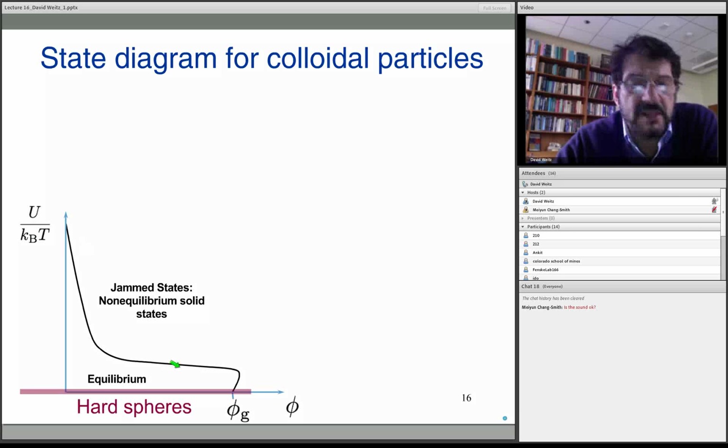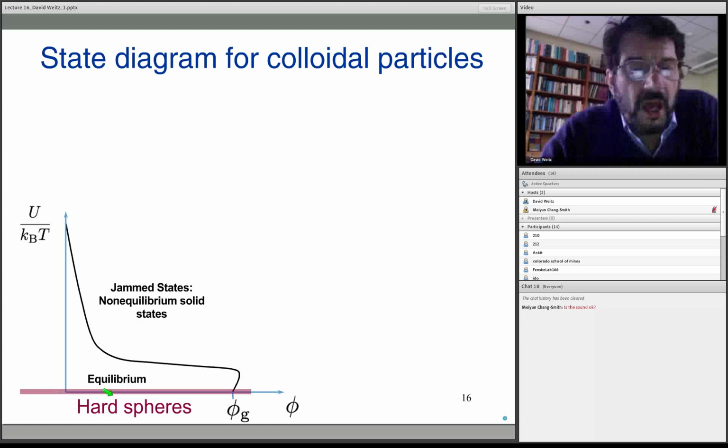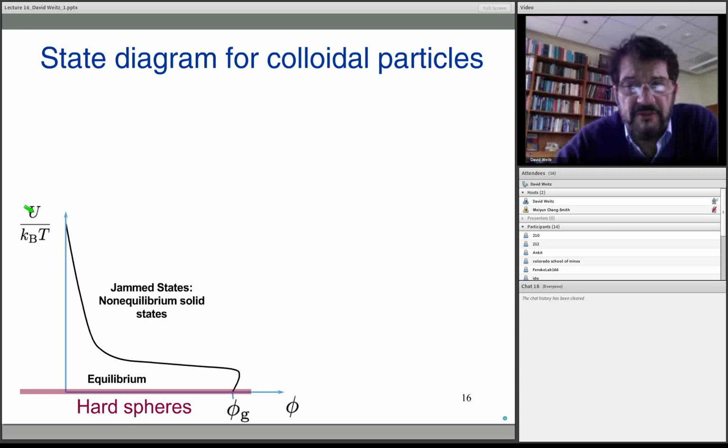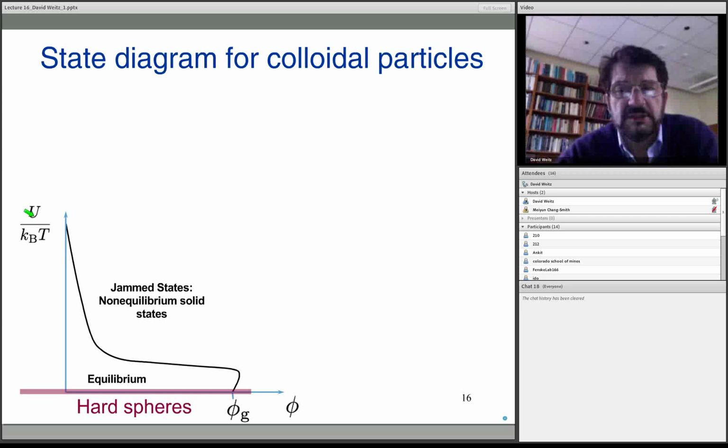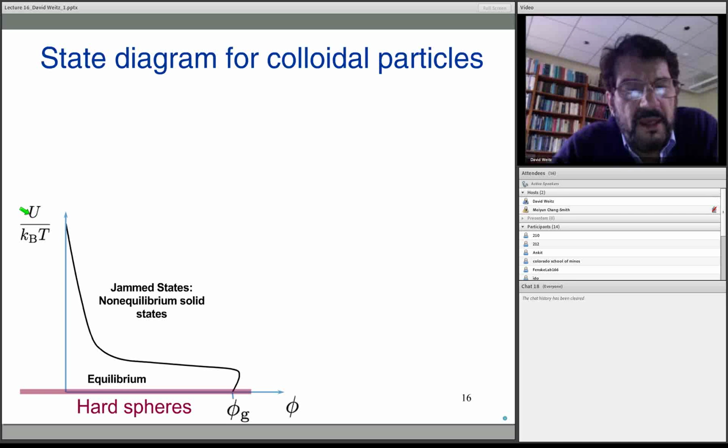And of course, the other important parameter always in colloidal suspensions is the volume fraction. So we can look at a plot of the behavior as a function of the bond energy that holds two particles together and the volume fraction. If the bond energy is 0, just along here, then you have hard spheres, and you have the traditional behavior of hard spheres.